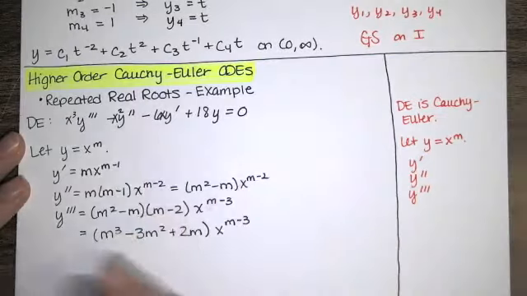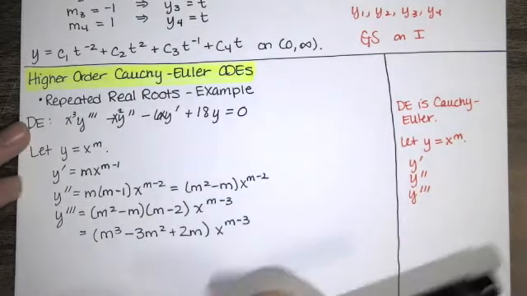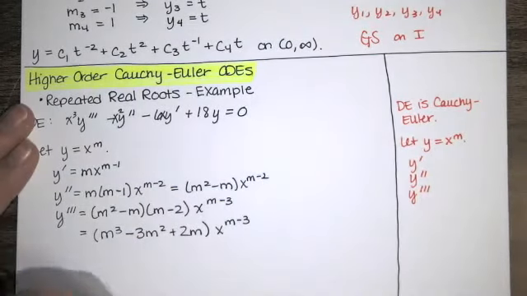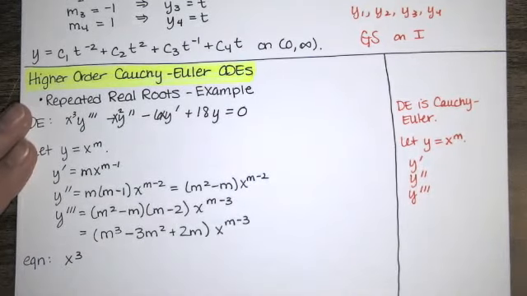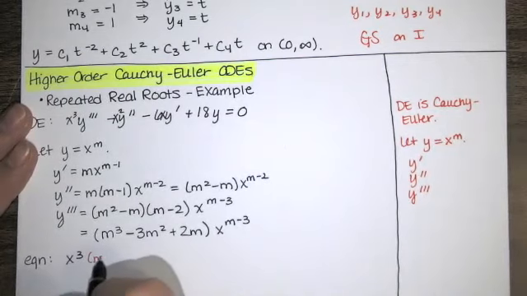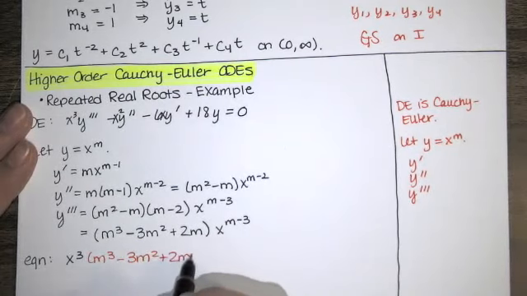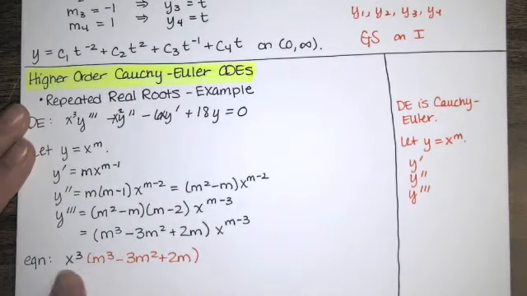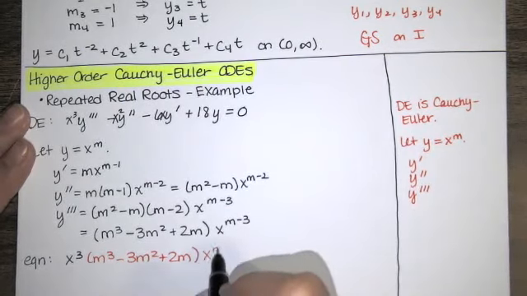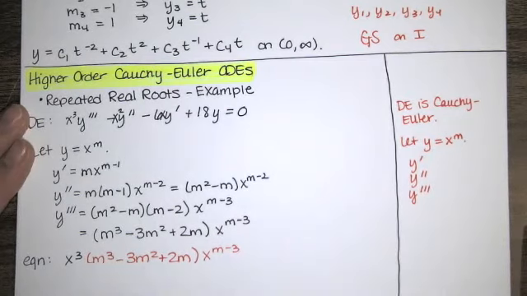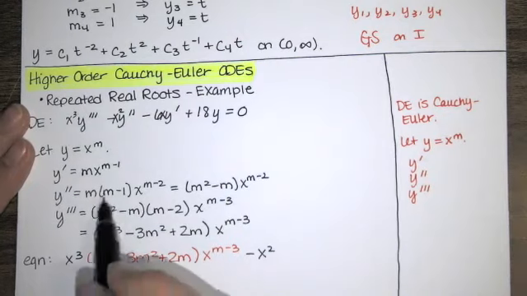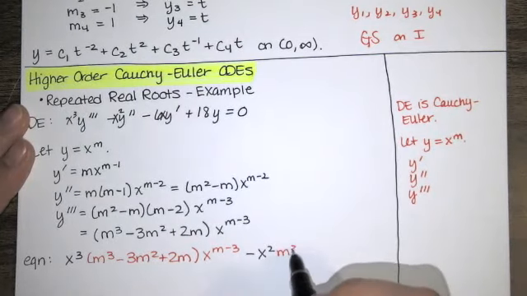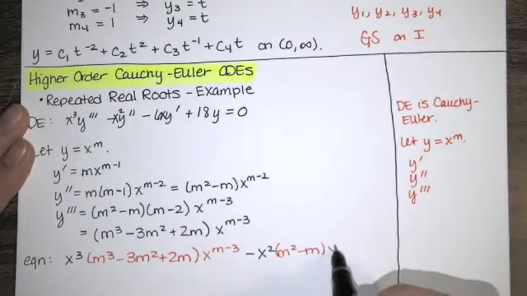So we take these and we substitute into the differential equation. So we've got x cubed times y triple prime, which is this, minus x squared times y double prime, which was this. Don't forget your parentheses.